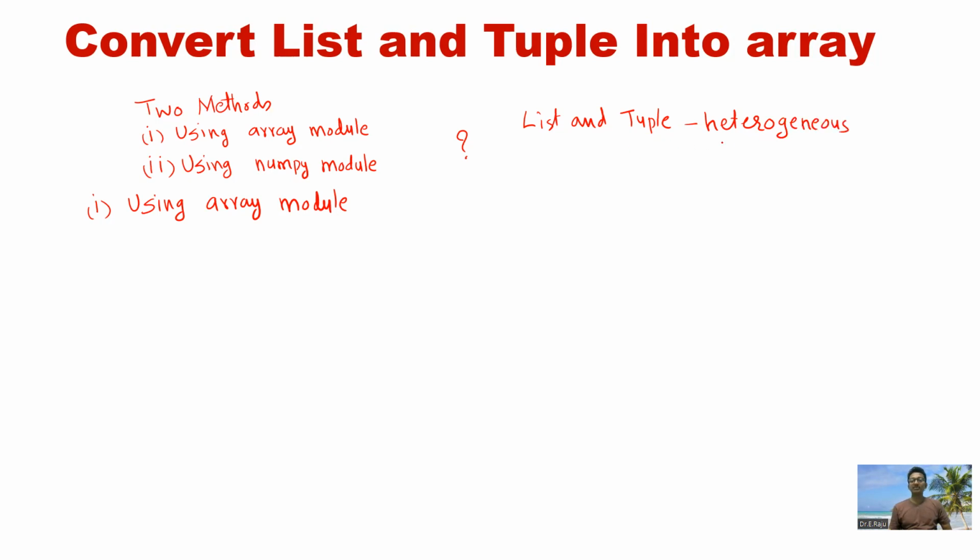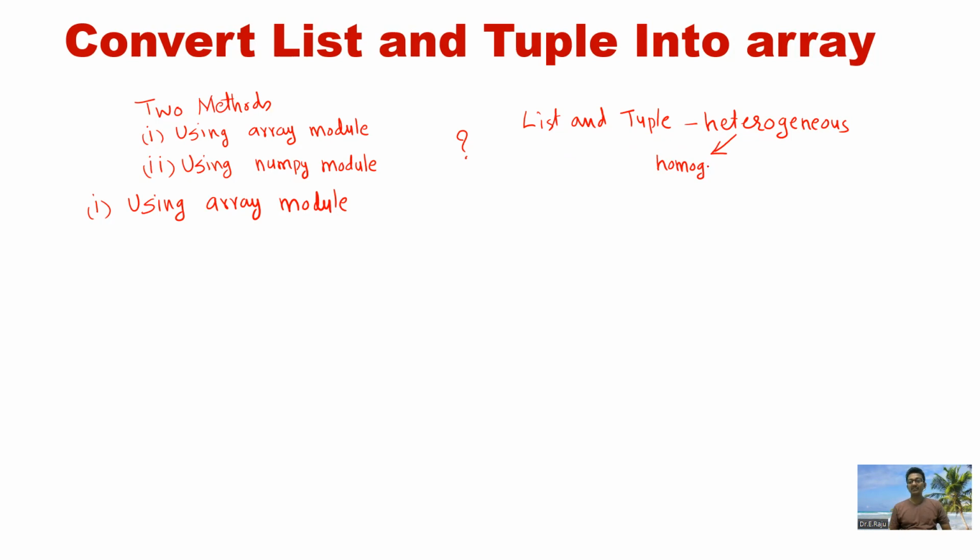So if we want to convert these heterogeneous types into homogeneous types, we need to use an array, since an array is a collection of elements of similar data types.